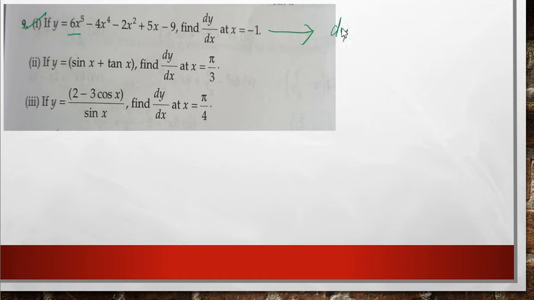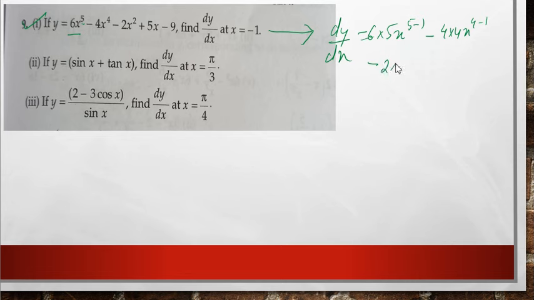So let's find dy by dx. What will it be? The sum rule will apply. So 6, n is 5. This is a constant, so 6 into 5 x to the power 5 minus 1 minus 4 into 4 x to the power 4 minus 1, sorry, there is no plus, so it is minus.